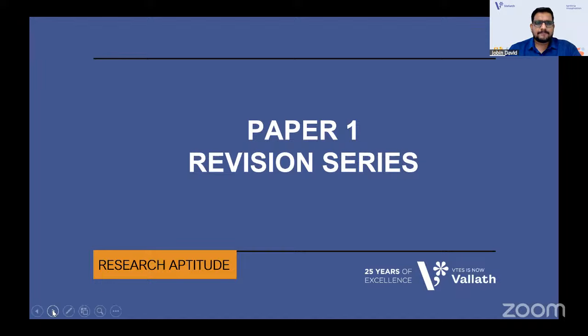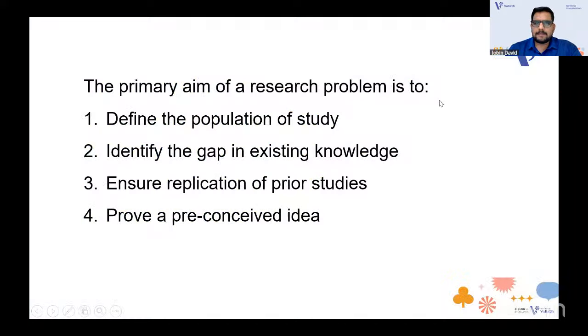First question. The primary aim of a research problem is to define the population of study, identify the gap in existing knowledge, ensure replication of prior studies, or prove a preconceived idea. Hello, Rudra. Yes, your answers, everyone, you can type in the chat box.